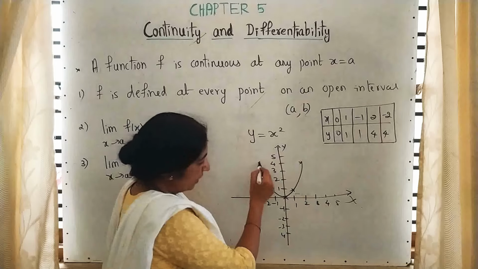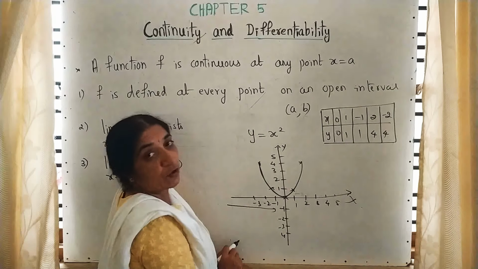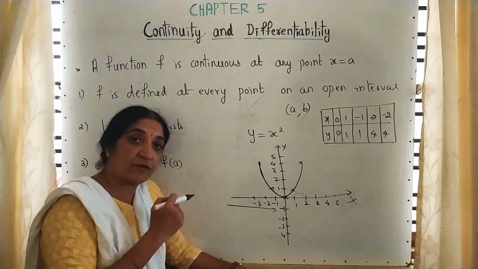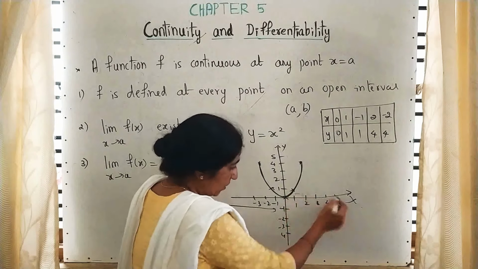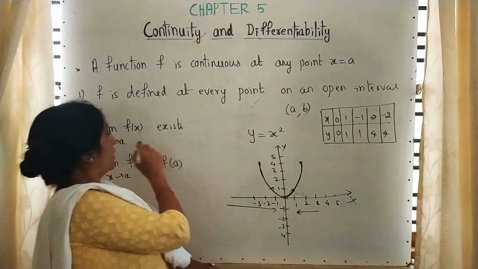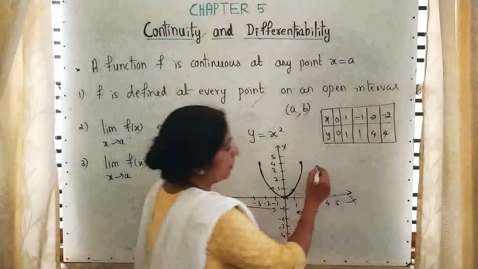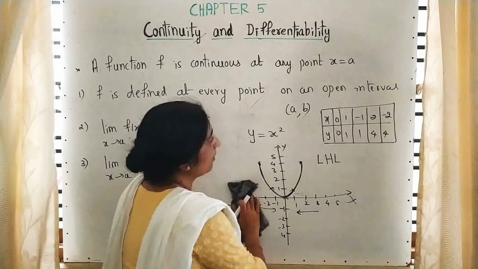Here, when you check from this part, we are calling it the left side, from the left side. And if you check from here to here, we are calling it the right side. So when you check this, you have to check the left hand limit. So how do you write the left hand limit?